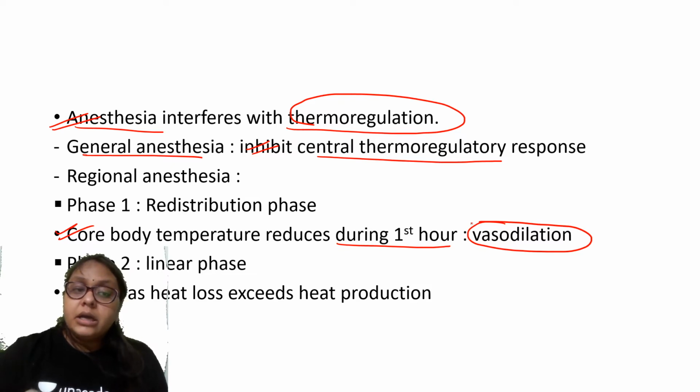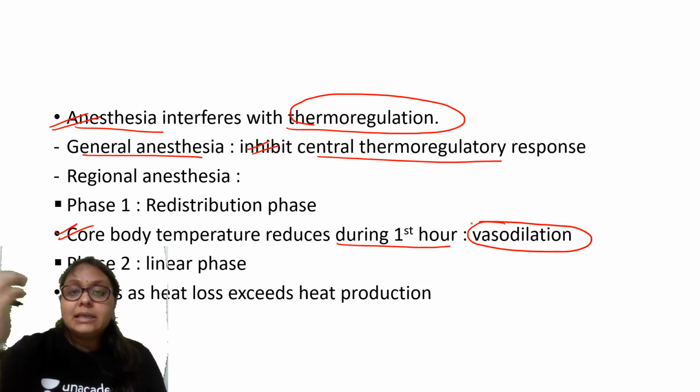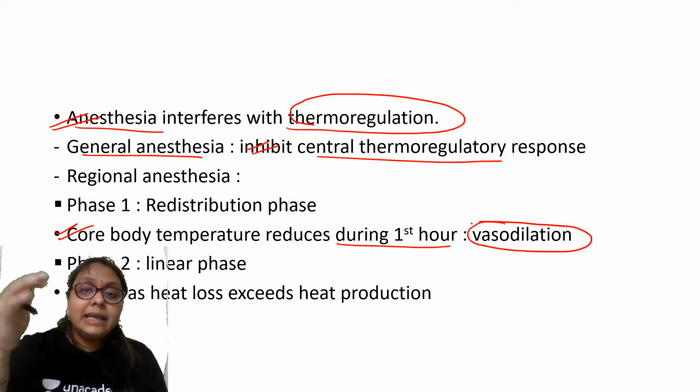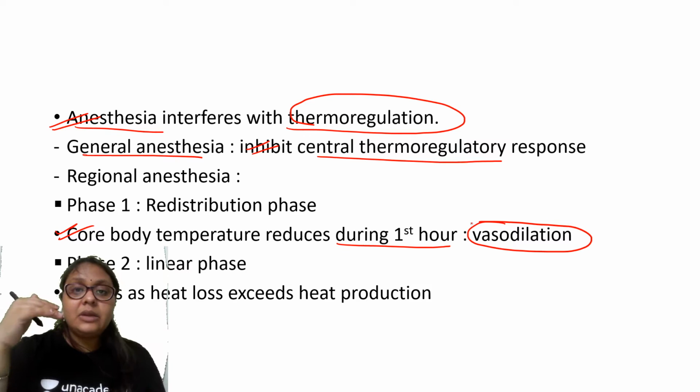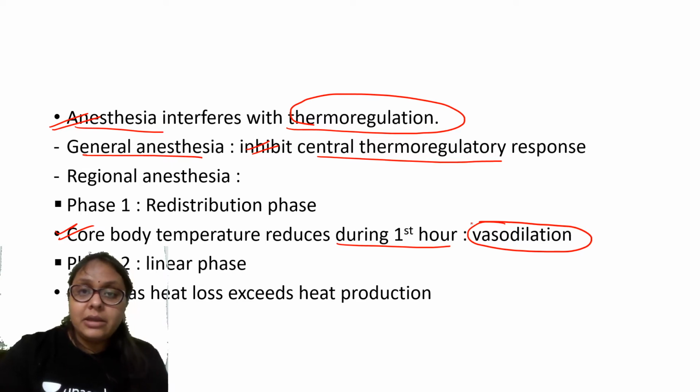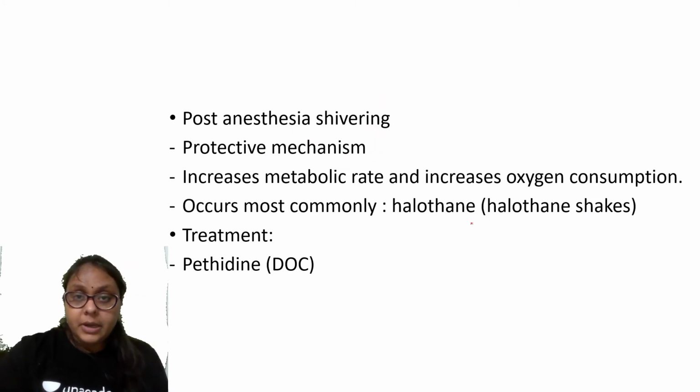So what is happening in general anesthesia? The central thermoregulatory response is inhibited. In regional anesthesia, the first stage is the redistribution phase because of the vasodilation, and the second phase is the linear phase, in which heat production is less than heat loss, and therefore there is hypothermia.